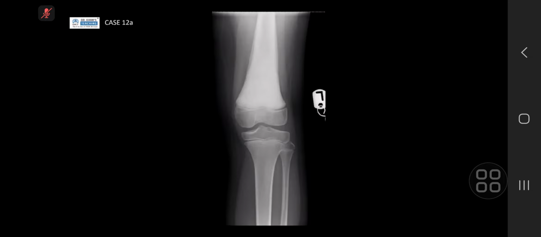So I'm given a frontal radiograph of the knee joint with distal femur and proximal tibia. I have visualized a skeletally immature patient, and I can see generalized sclerosis of the distal femur metadiaphyseal region, with a band-like lucency running beneath the cortex, and the sclerosis of the femur in the diaphyseal region.